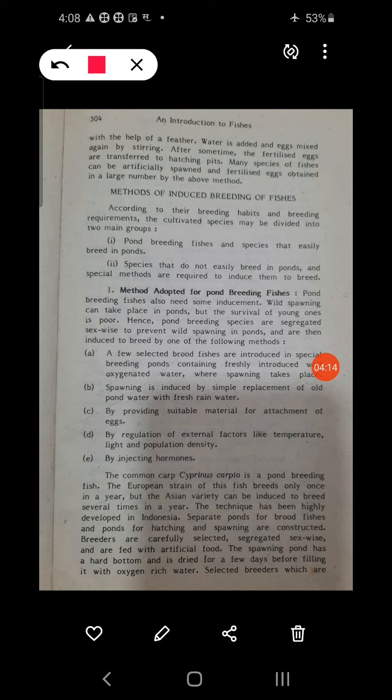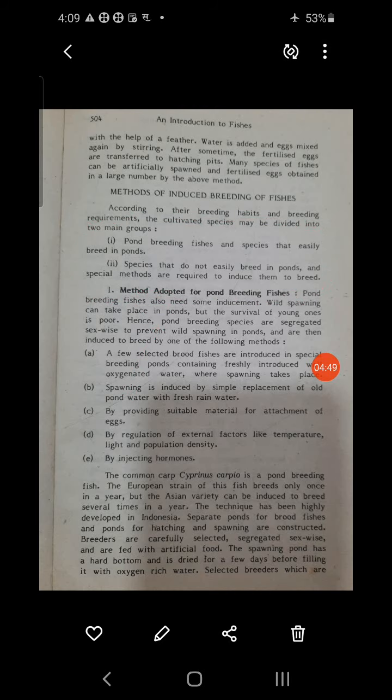Number one, pond breeding fishes, species that easily breed in ponds, and second one, the species that do not easily breed in ponds, and special methods are required to induce them to breed.